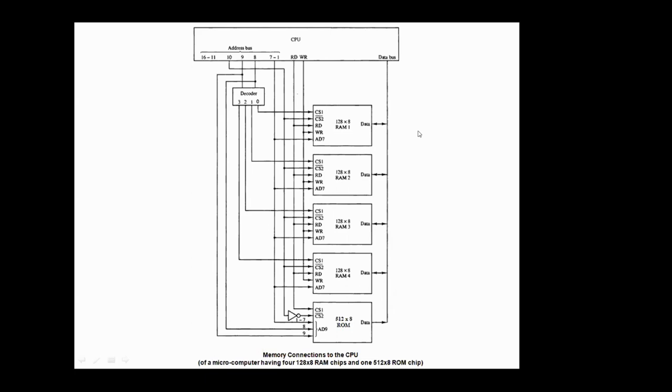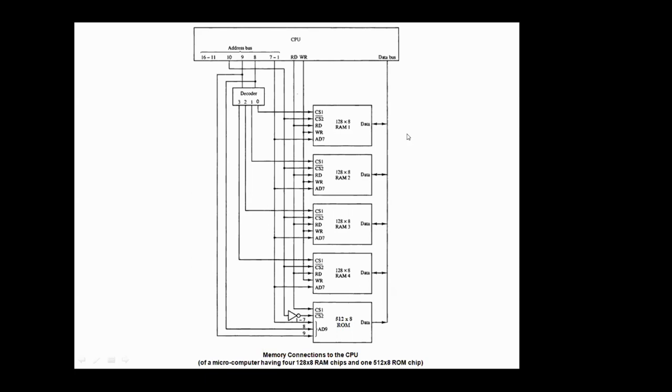There will be the address bus, which will specify which address the CPU wants to read or which address it wants to write. And thirdly, there will be the data bus, through which there will be the data transfer, either from the CPU to main memory or from main memory to the CPU.